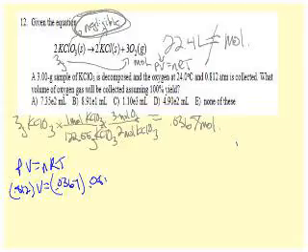R is 0.0821. And temperature is not 24, it's 24 plus 273, which is 297. Sorry. And then solve for volume. So volume is 0.0367 times 0.0821 times 297 divided by 0.812. And I get 1.10 liters.